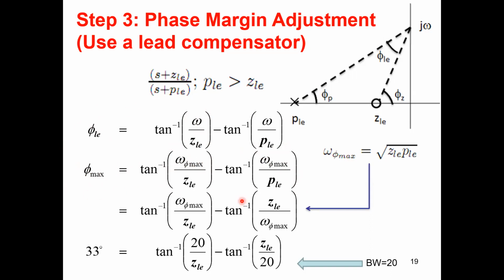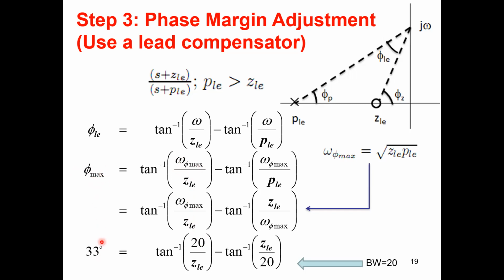This one is the general or generic equation, whereas this is a specific moment where you have maximum phase lead for that particular frequency, and we want to make sure that the frequency where you get the maximum phase is actually 20 radians per second. So down the line we're going to substitute 20 for omega phi max, and on the left hand side the required phase is 33 degrees.